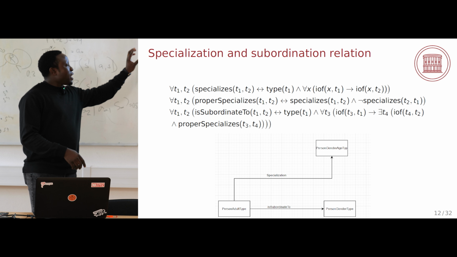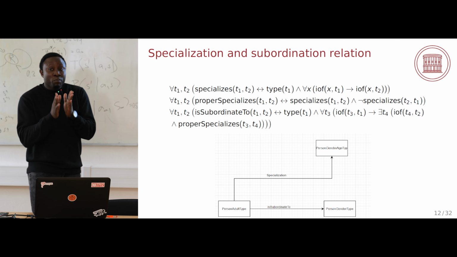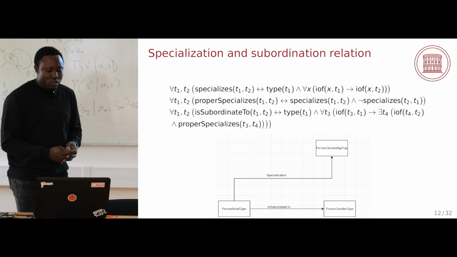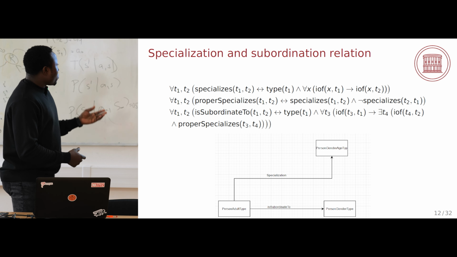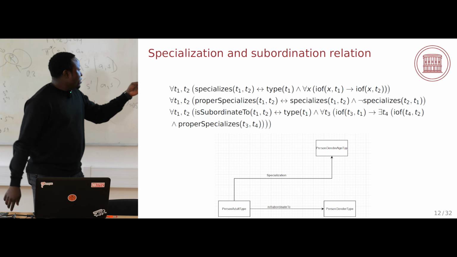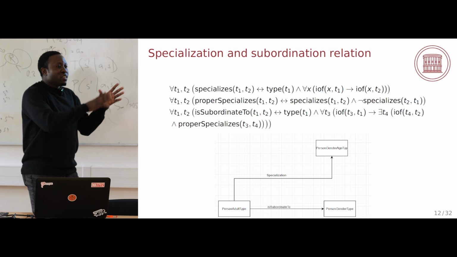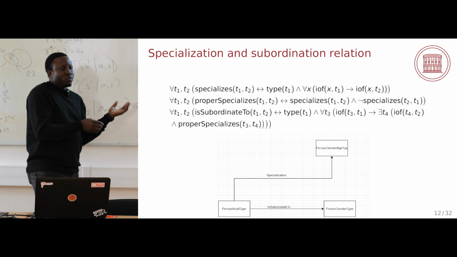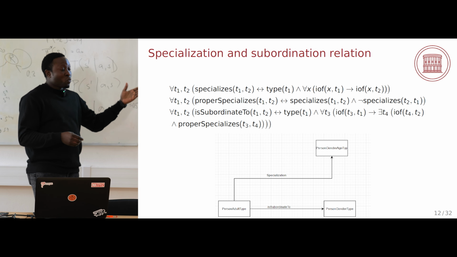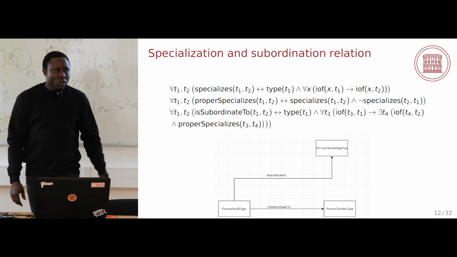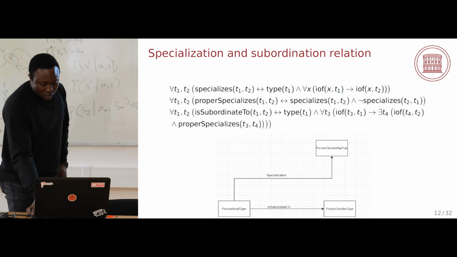When I say proper specialization, it's like proper subsets, just what a proper subset is all about. So an example is the class person adult type, which is a specialization of the class person gender age type. This is an example of what a specialization relation is, and that of a subordination relation is. It's what I've captured in the diagram.